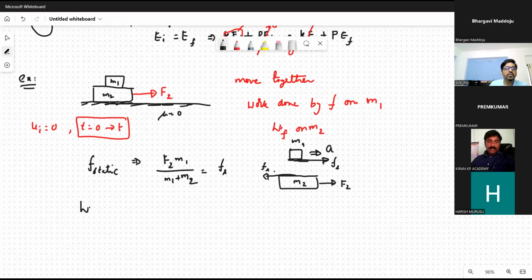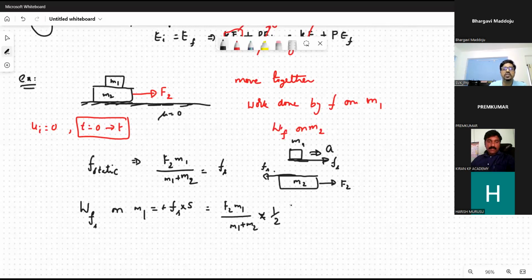Now if you write the work done by static friction on M1, that is simply static friction times its displacement, positive. And that is equal to F2 M1 by (M1 plus M2) into S. S is half A T square.